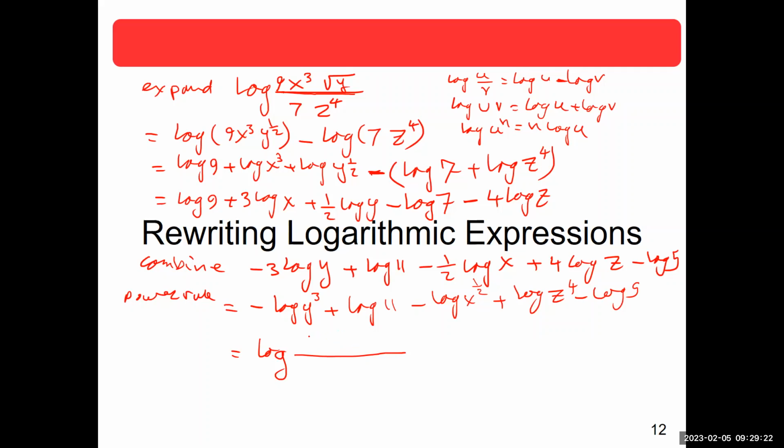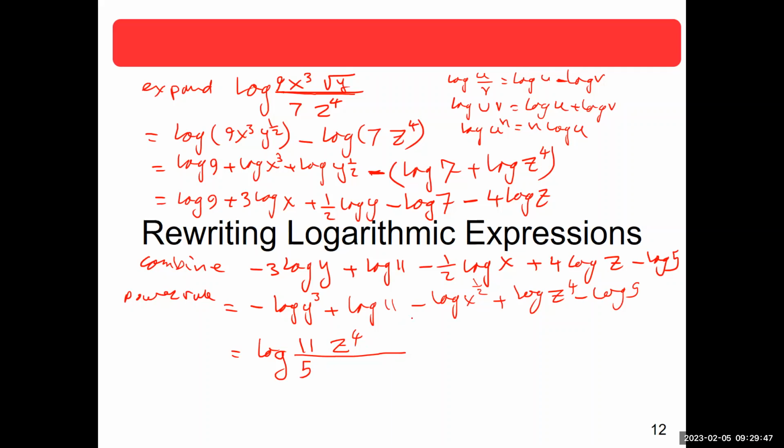Everything positive on top. I have 11 positive. Z to the power 4 is positive. Anything else positive? No. How about the negative ones? I have 5. I put it in the front here to make it look nicer.